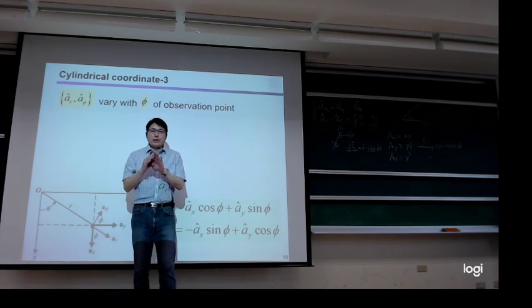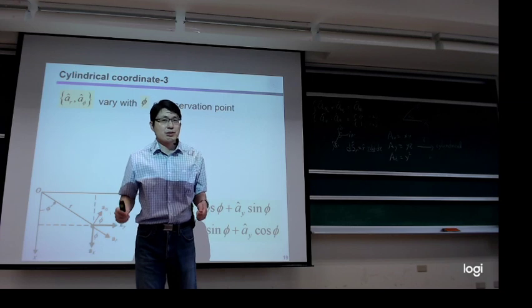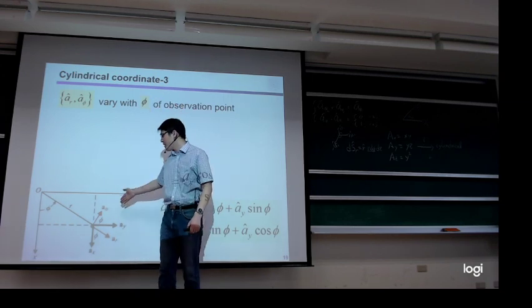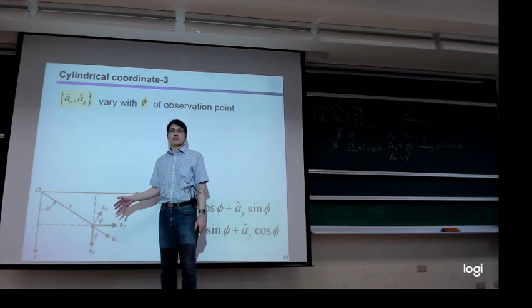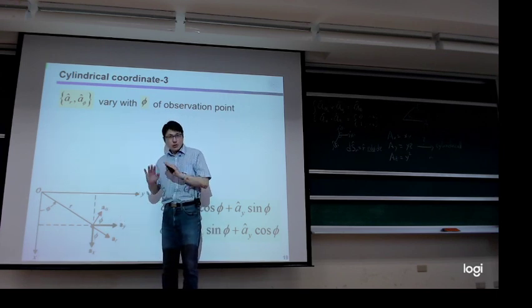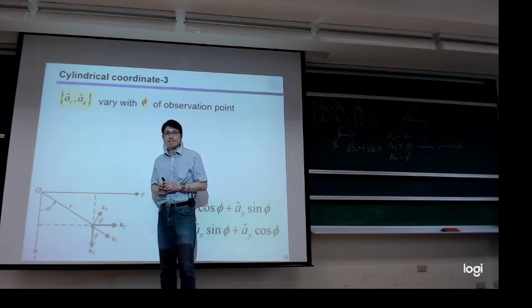So whenever you are on your examination or in the future, you're trying to do some derivation, you have to be able to draw these four unit vectors. And everything is straightforward. You don't have to memorize anything. Okay?